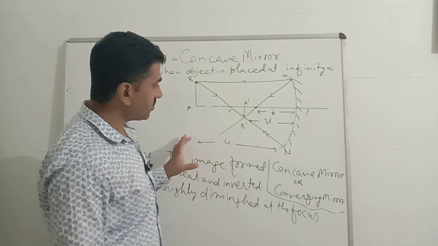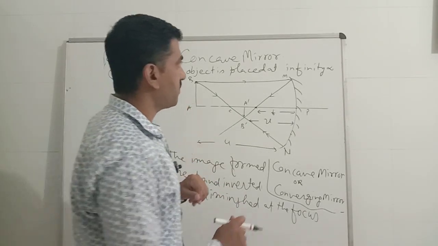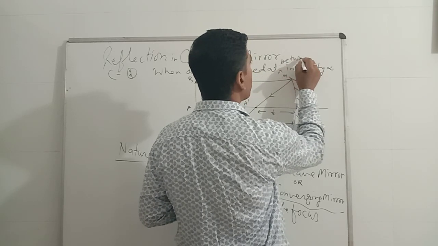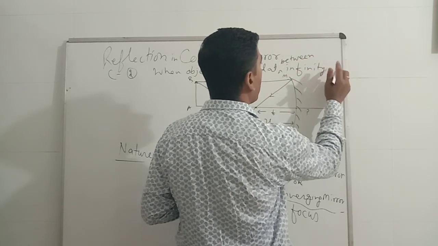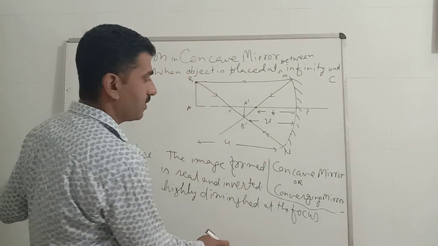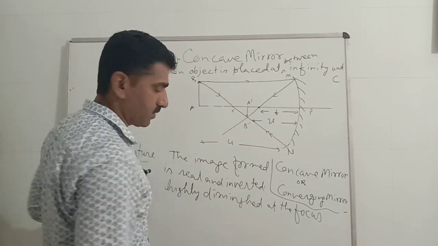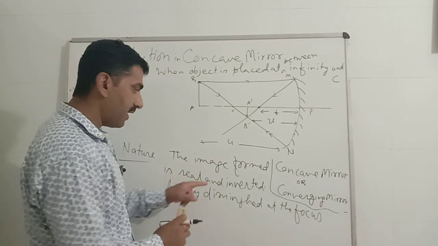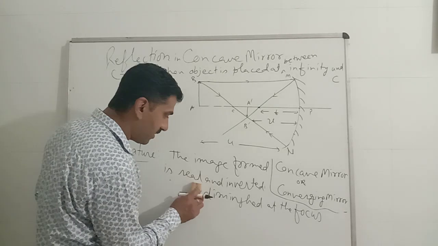So what will be the nature in this case? Case number 2, when the object is placed between infinity and C. C means center of curvature. So the image formed will be real and inverted again, not highly diminished.